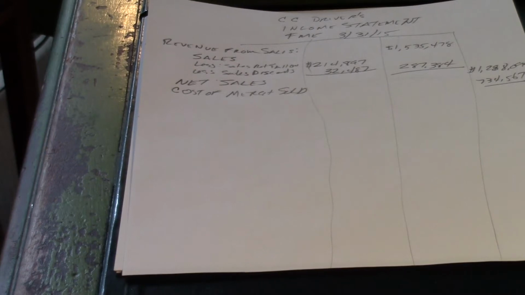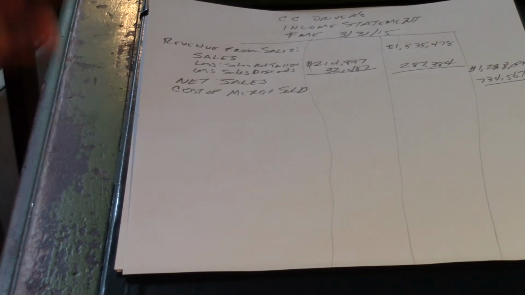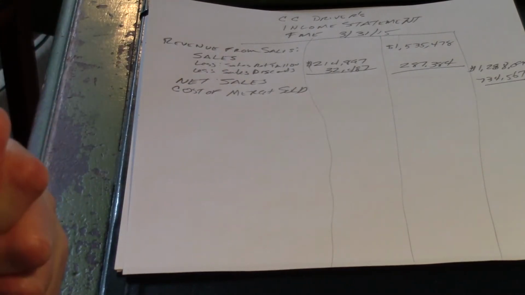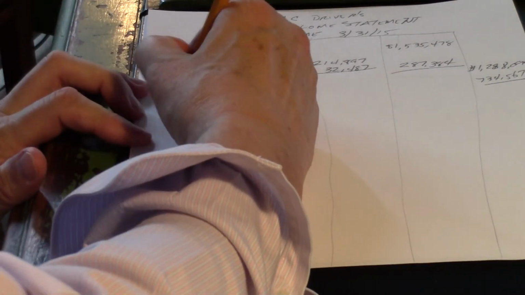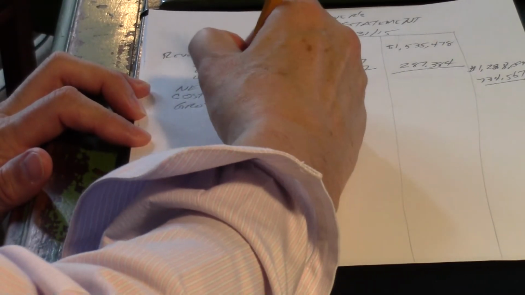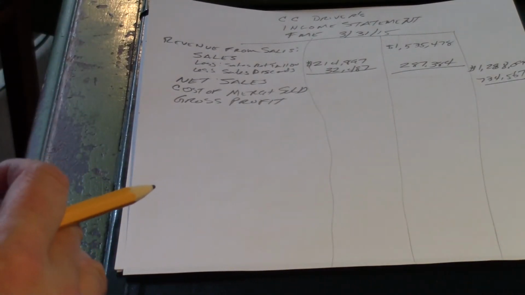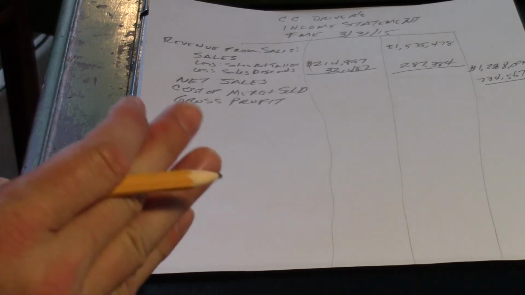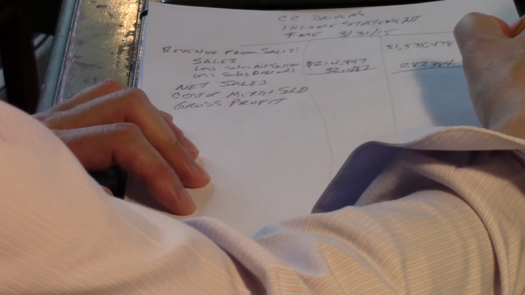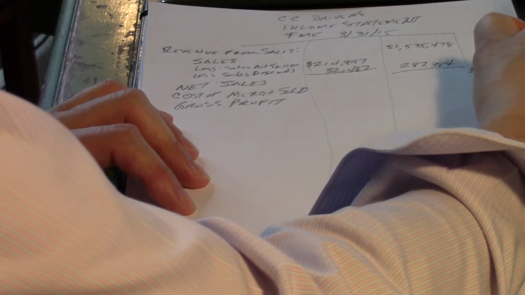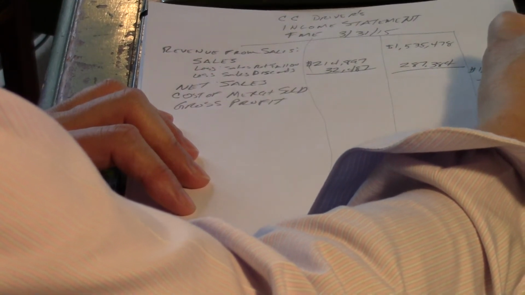And we call that gross profit. Net sales minus cost of merchandise sold is gross profit. And for this particular store, CC Drivers, the gross profit is $553,527. That's great.